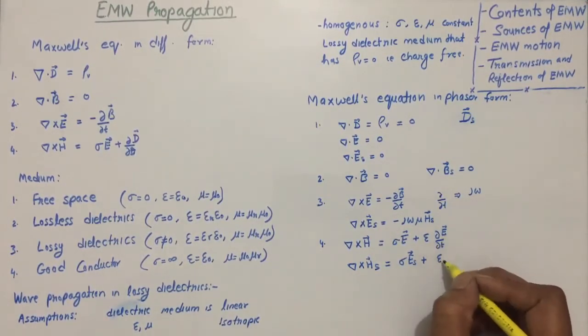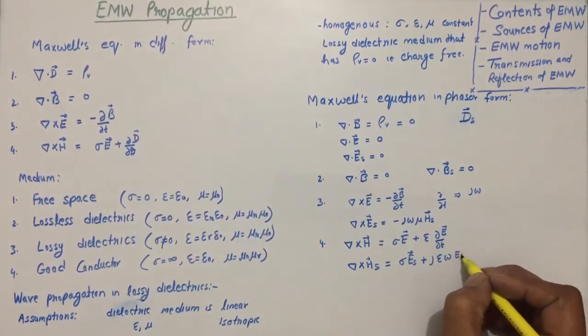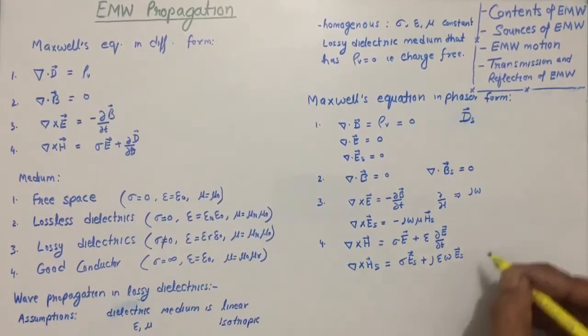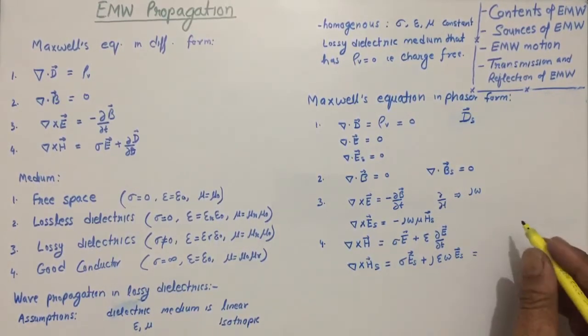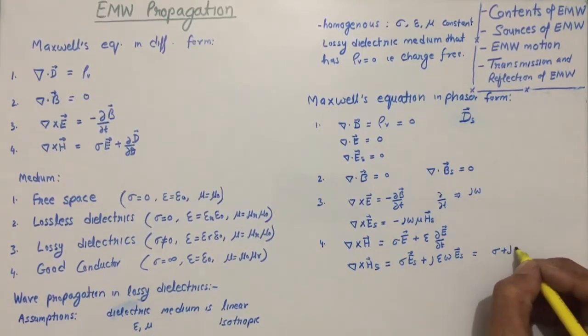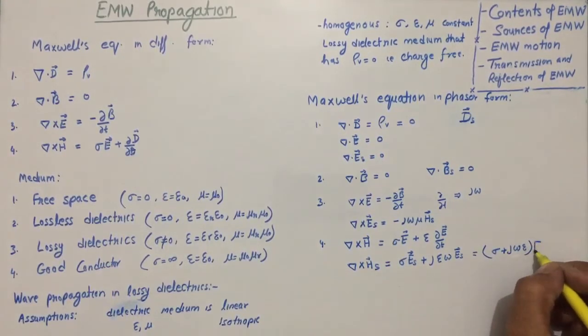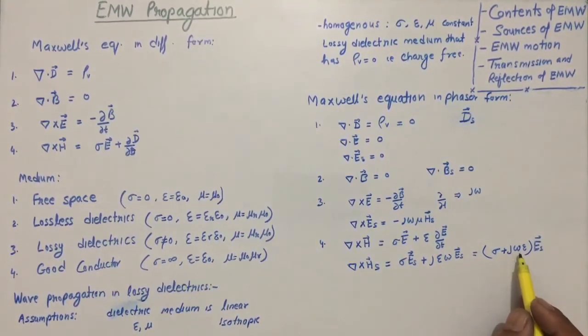Now this term will be j omega, and E will transform into phasor form. After a little bit of simplification, it will give us sigma plus j omega epsilon times Es. Omega is the frequency of the propagating wave. So in this way, we have the phasor form of Maxwell's equations.